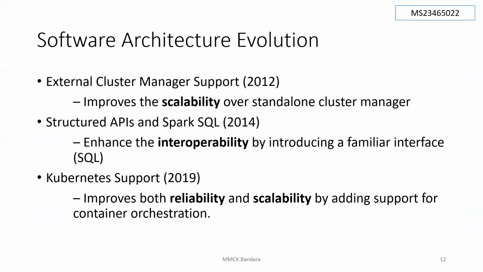So we shall see how the software architecture of Apache Spark has evolved over time. First, it started with a standalone cluster management system, but later it introduced support for other existing cluster managers like YARN or Mesos. That improved the scalability of the system.